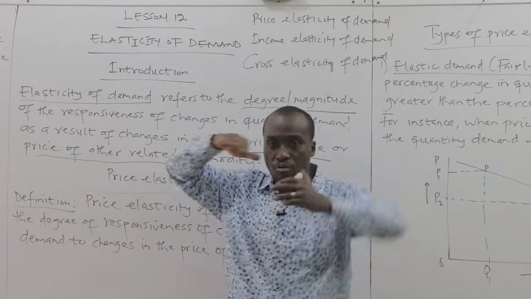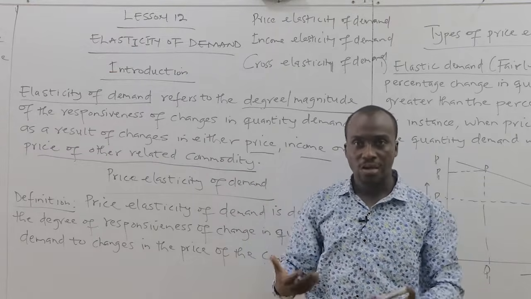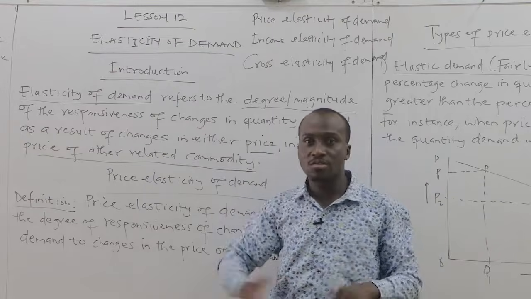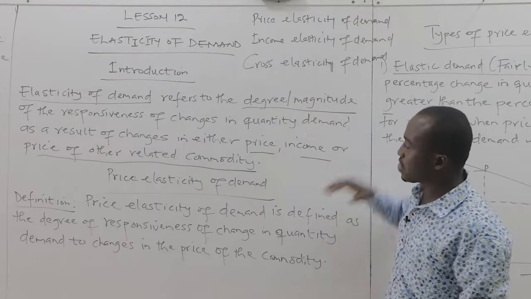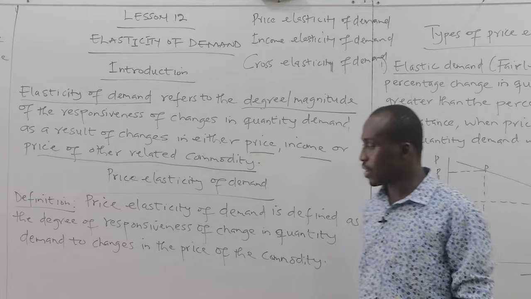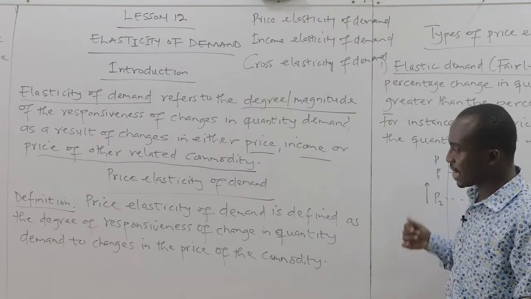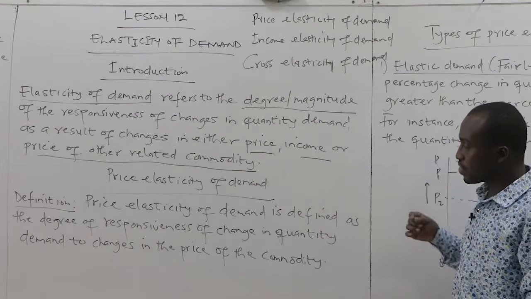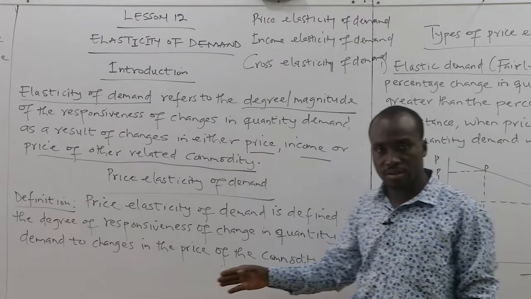So elasticity itself is a broad topic that tells you how consumers change the quantity they buy whenever there's a change in price, income, or price of a related commodity. So we are now going to take the first type, which is called the price elasticity of demand. Price elasticity of demand is defined as the degree of responsiveness of changes in quantity demanded to changes in the price of the commodity.